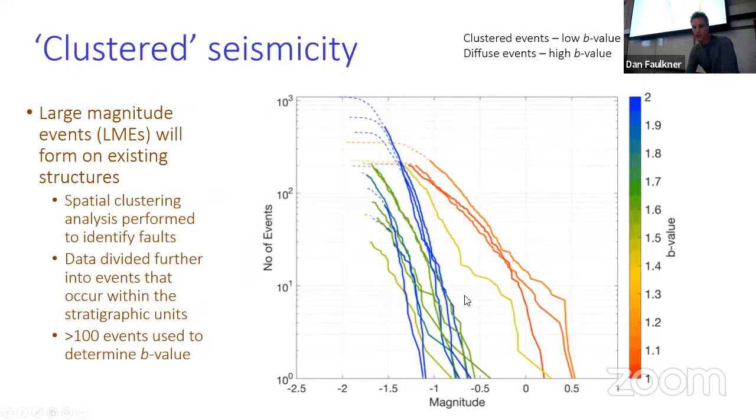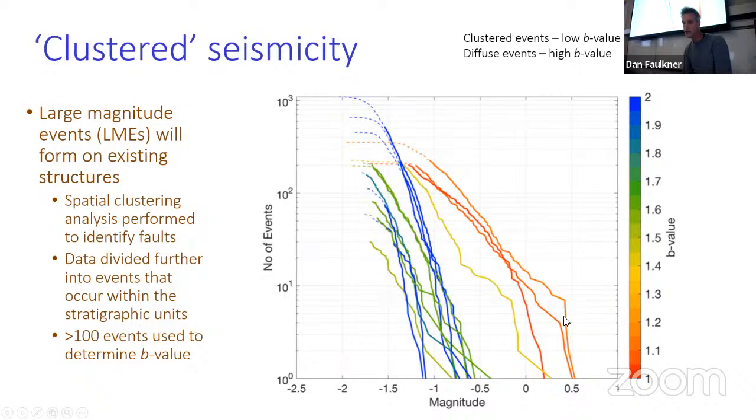And here are some of the B values. Just like that early plot I showed you, we've got the number of events along the y-axis, and the magnitude along the x-axis. The clustered events that we looked at, the ones associated with faulting, are the low B value ones, the red and orange events here.